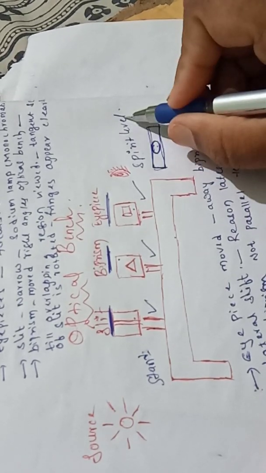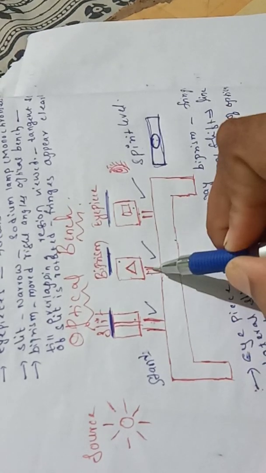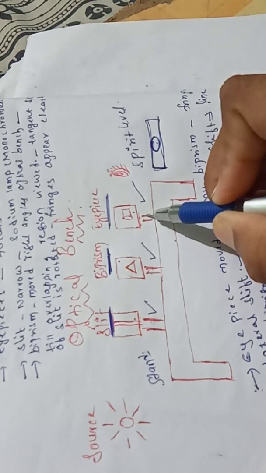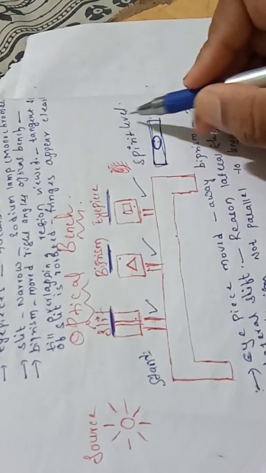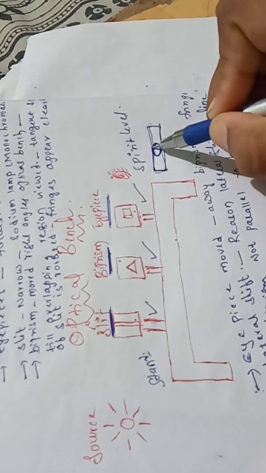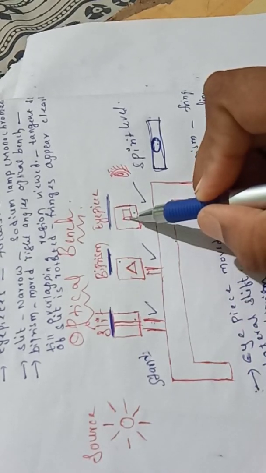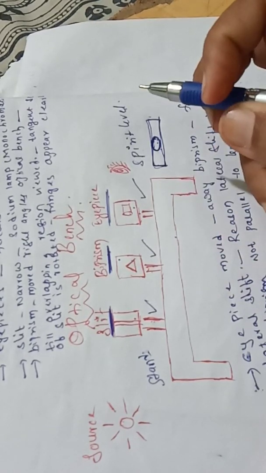We call it a spirit level. Now to adjust these 3 stands at the same level, we will use the spirit level. If the bubble is at the center, then it shows that these are at the same level. If not, we have to adjust them.